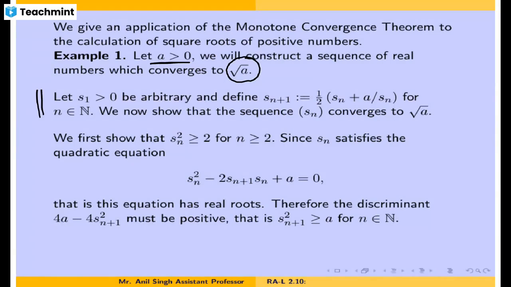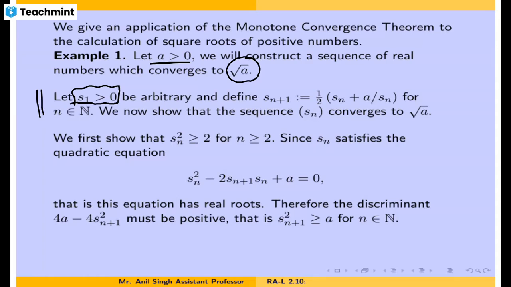I'm just starting with an arbitrary real number s1, the first term of the sequence which is to be constructed. It doesn't depend upon a, it is not defined with reference to a, it's just an arbitrary positive real number.